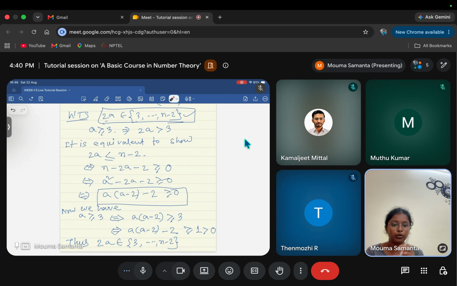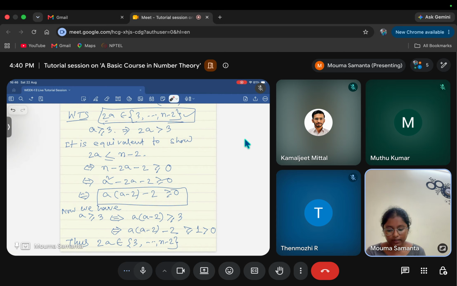That means a into 2a, that is 2a square, divides (n minus 2) factorial, and hence a square will also divide (n minus 2) factorial. Then we get a contradiction to the hypothesis that (n minus 2) factorial is congruent to 1 mod n. So thus we have shown it for the case where n is a perfect square.